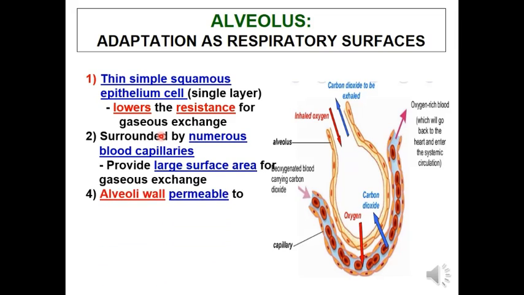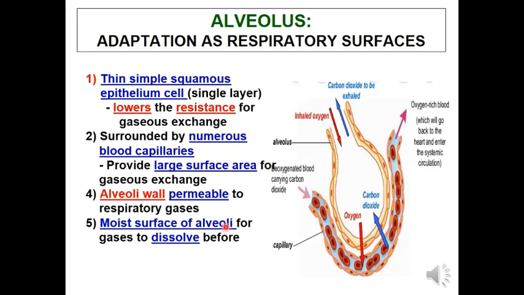Number 3, the alveolar wall is permeable to respiratory gases. Our respiratory gases that we discussed are carbon dioxide and oxygen. And the moist surface of alveoli allows gases to dissolve before diffusion can occur.